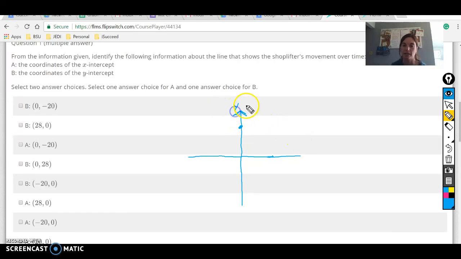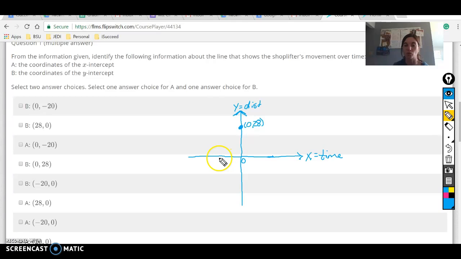So y is distance, and x is time. At 28 meters, that's when Roberta gets the call. So for her, that is time equals 0, and that is our y-intercept.